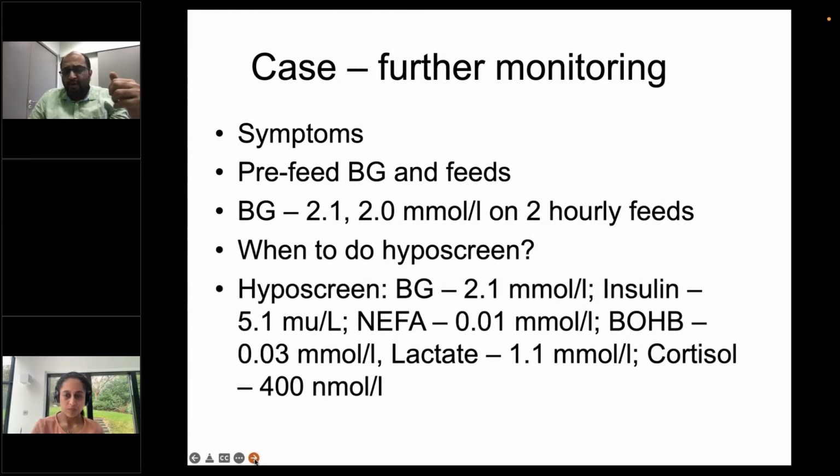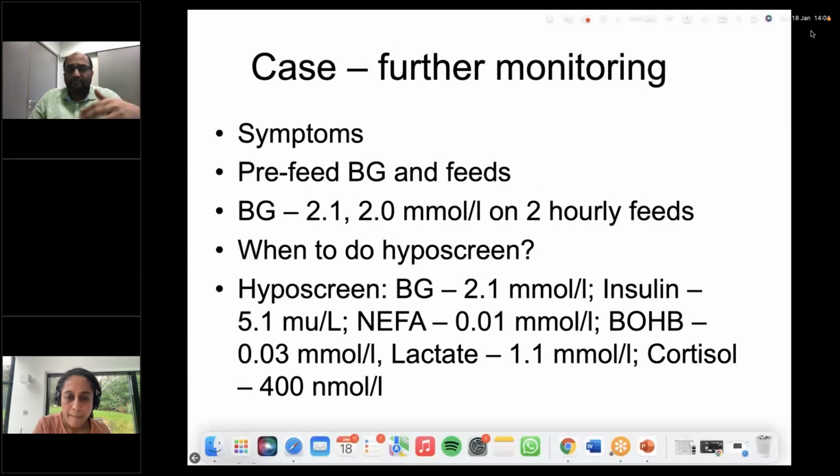If they are having persistent hypoglycemia after 5 or 7 days of life and you've got this hypo screen, which suggests low blood glucose levels, detectable insulin, and low fatty acids, so non-esterified fatty acids is 0.01, beta hydroxybutyrate is low, which is 0.03. So you've got low ketones, low fatty acids with detectable insulin at the time of hypoglycemia.